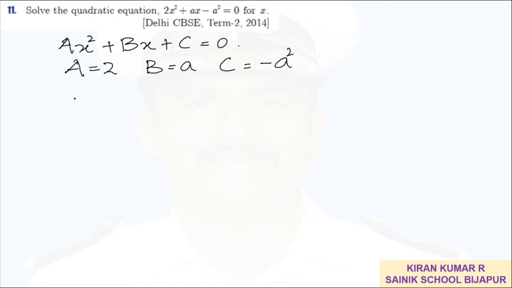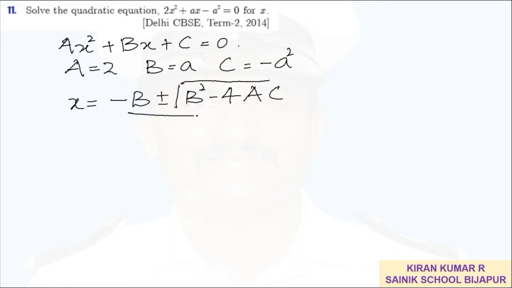Let me use the quadratic formula. X will be minus b plus or minus root of b square minus 4ac divided by 2a.